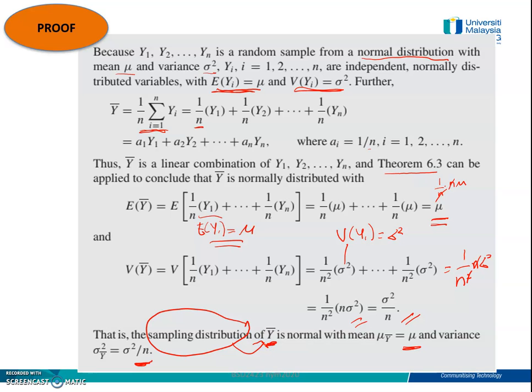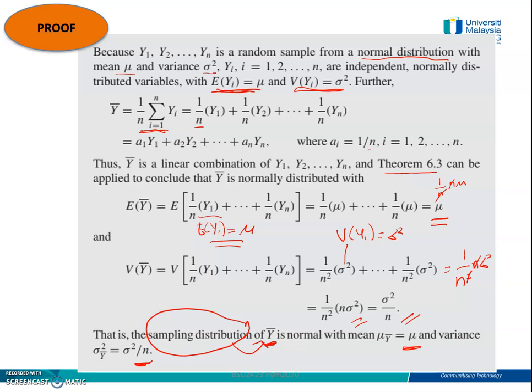So as I said just now, you have Y1, Y2, Yn following a normal distribution, with expected Y equal to mu and variance of Y equal to sigma square.